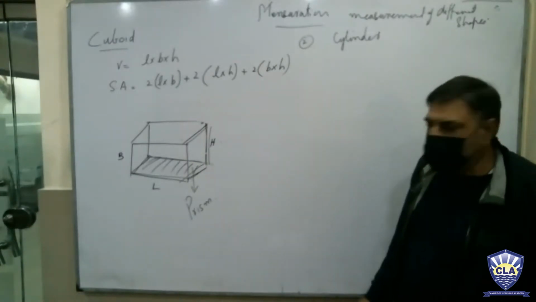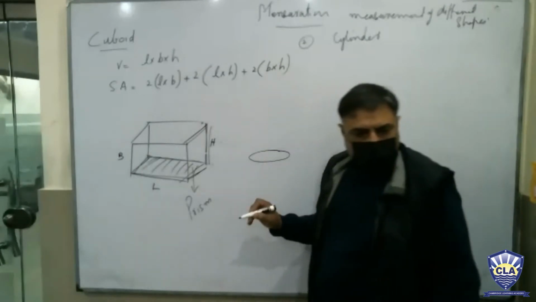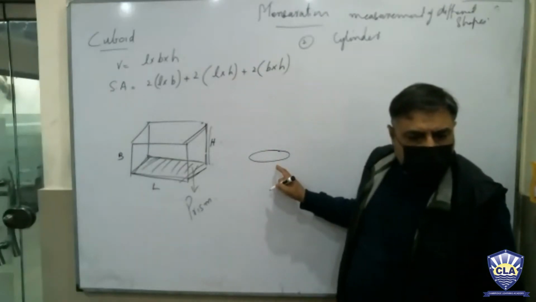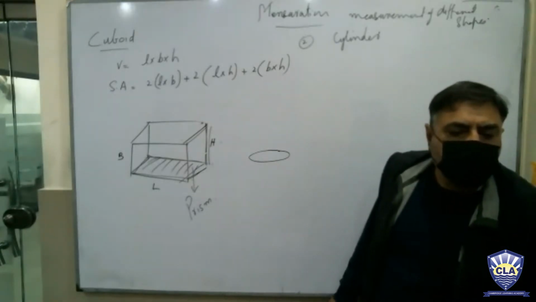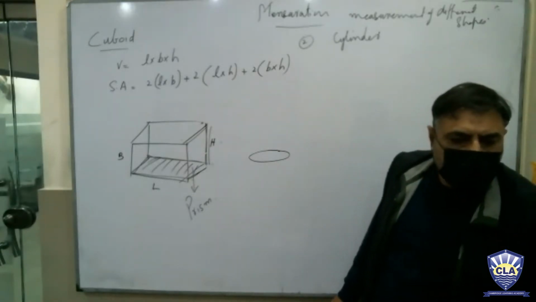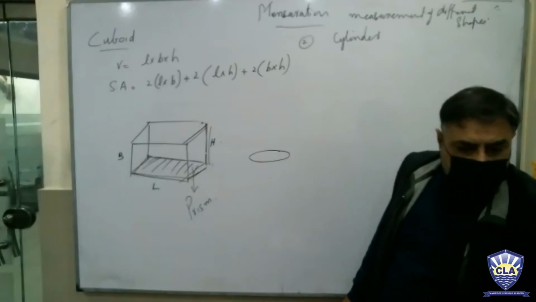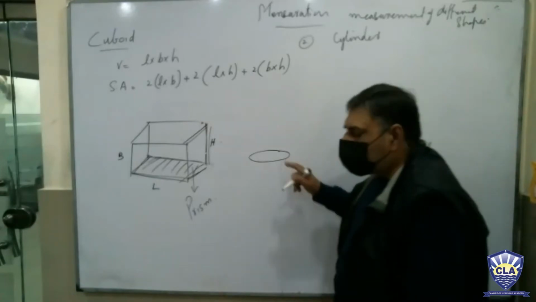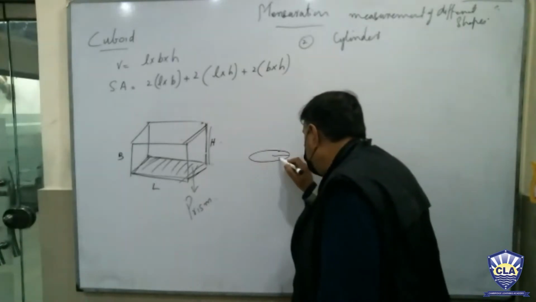Hussain Abbas, what is this? It is a circle. What is the area of circle? Pi r square, radius.